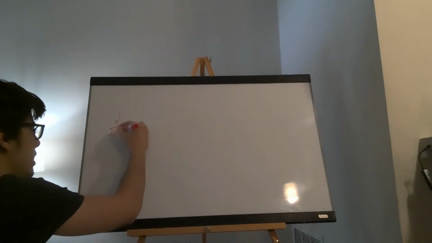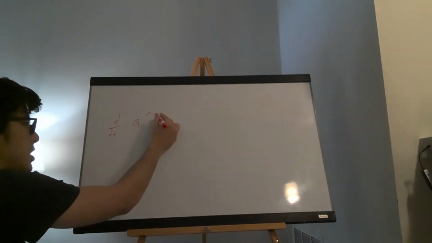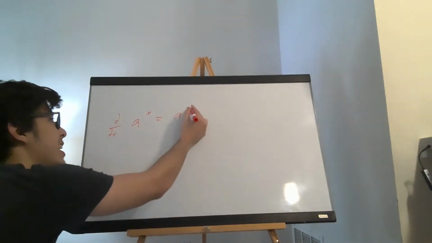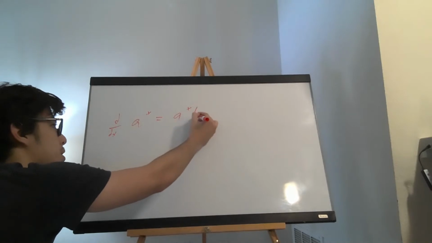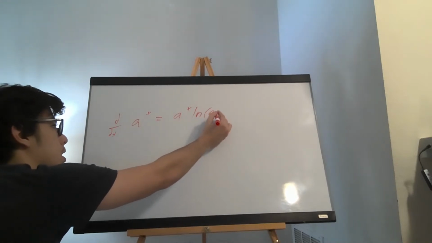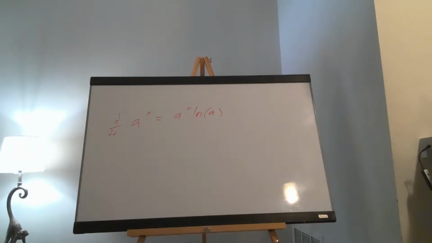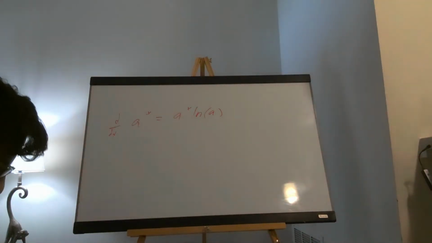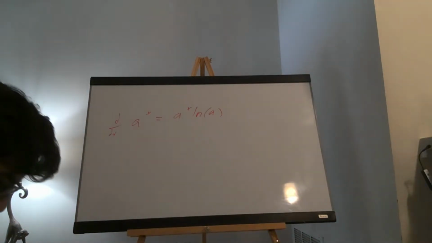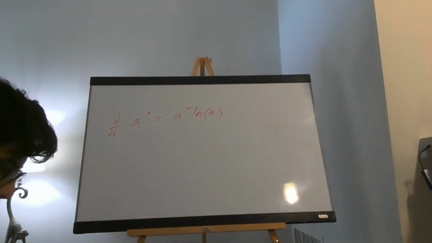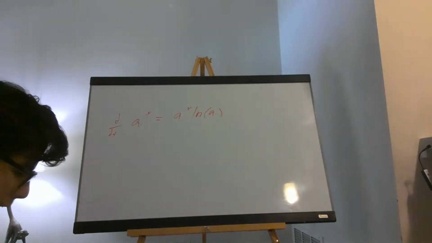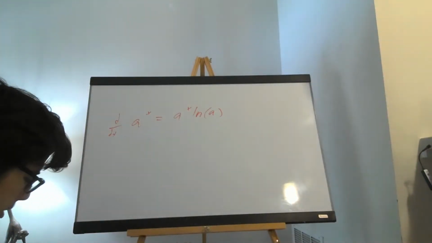The derivative d/dx of some constant a to the x power is equal to a to the x times the natural log of a. It shouldn't seem too far off. It's just a little theorem you might want to keep in your back pocket, because some professors do pull stuff like that, and you should always be prepared.